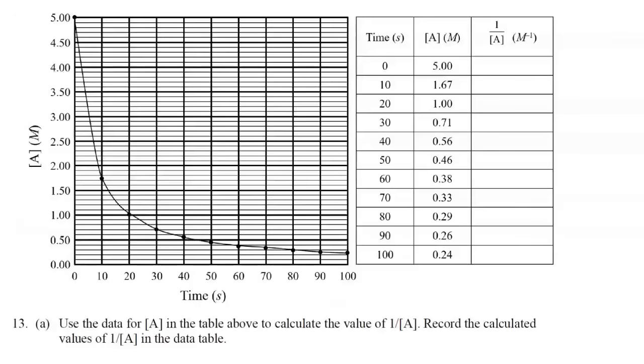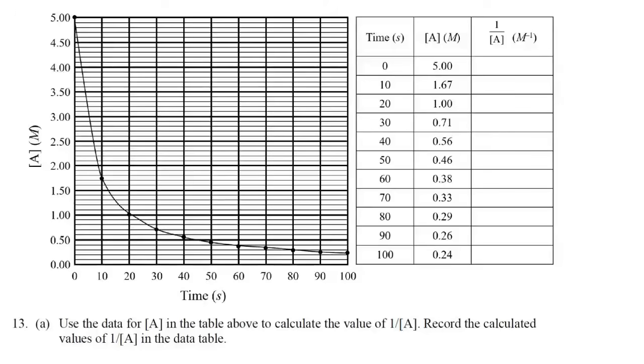So here's question 13. The first part says to use the data for the concentration of A in the table above to calculate the value of the reciprocal of the concentration of A, or 1 over the concentration of A. Record the calculated values for 1 divided by the concentration of A in the data table.